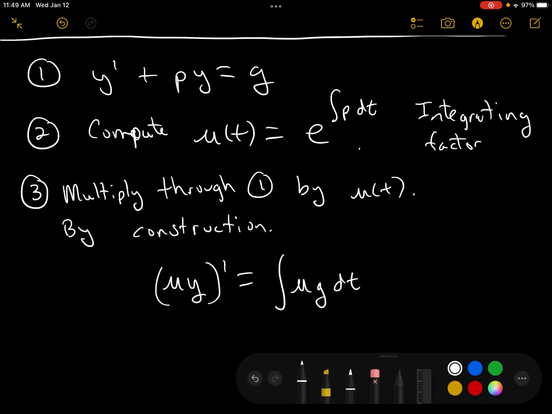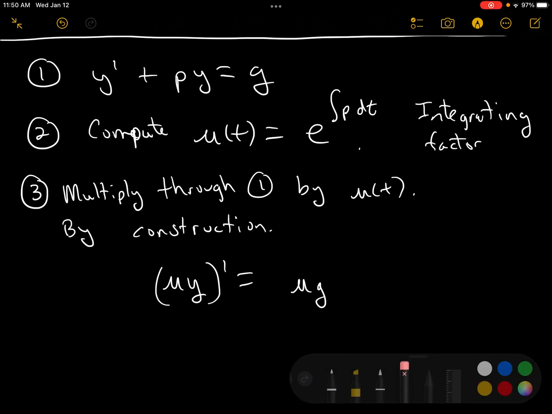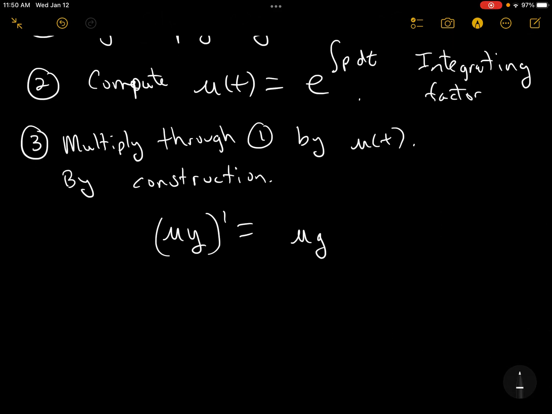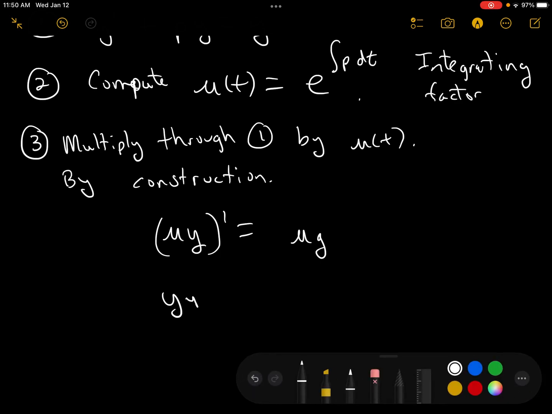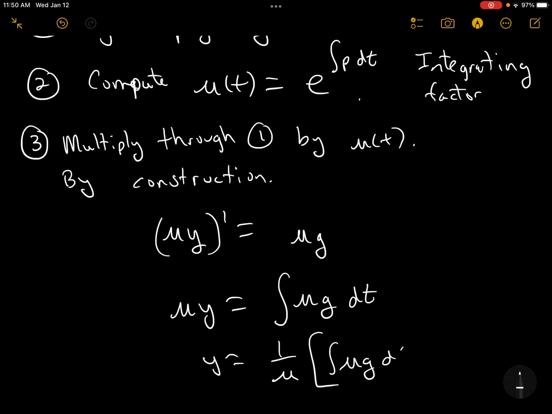No, I jumped ahead there, sorry. Let me back this up. Then by the FTC, we have mu y equals the integral of mu g dt. And solving for y, we have y equals 1 over mu times the integral of mu g dt. And that's our solution.